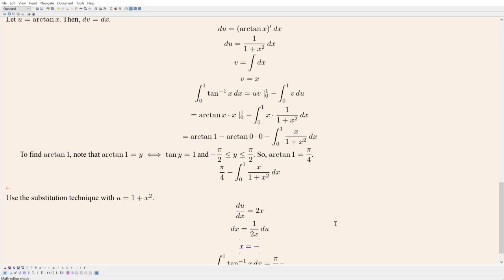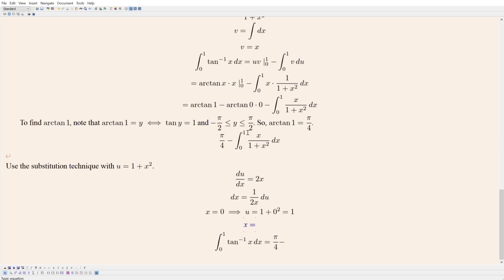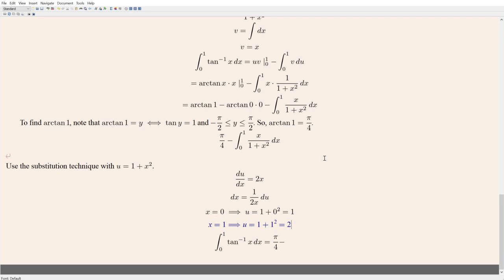So when x is equal to 0, u is going to be 1 plus 0 squared, so that's 1. When x is equal to 1, u is going to be 1 plus 1 squared, so that's 2.